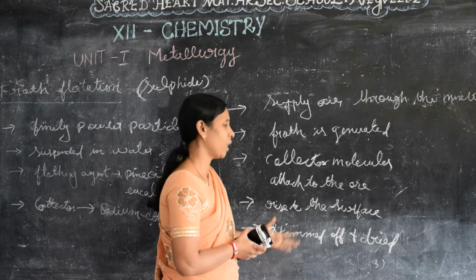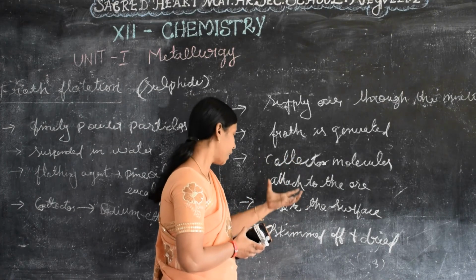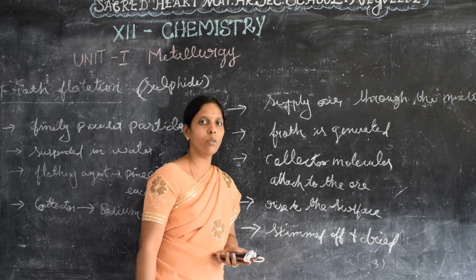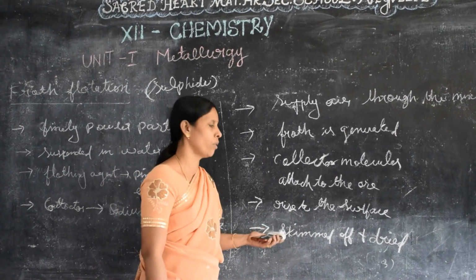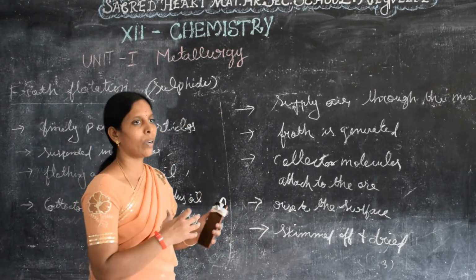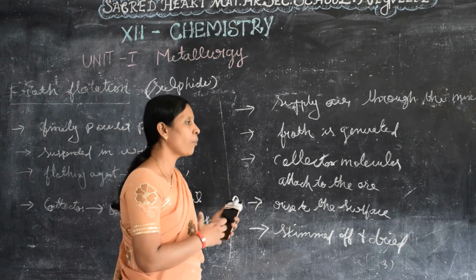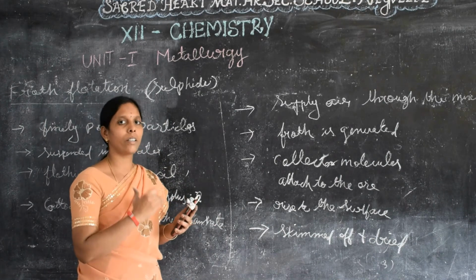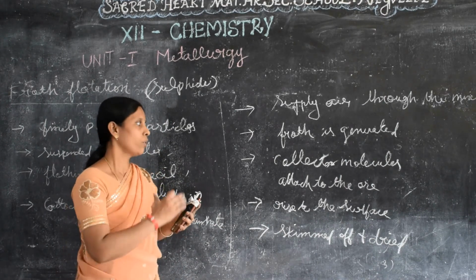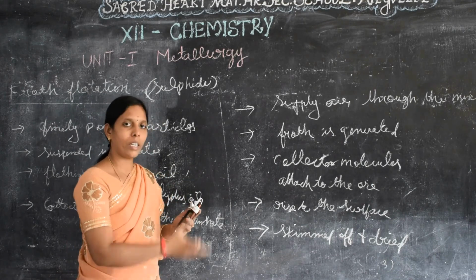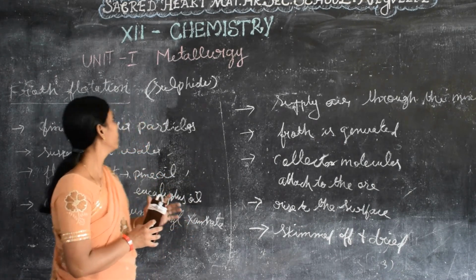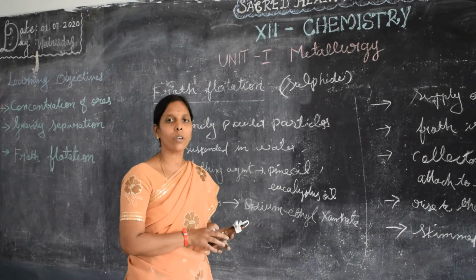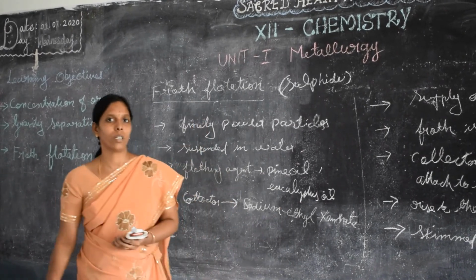We skim it off and dry it, and we get the concentrated ore. The gangue particles are preferentially wetted by water molecules, so they settle at the bottom. So the concentrated ore comes up with the froth easily. This is the froth flotation process, only for sulfide ores. Let's see the video, students.